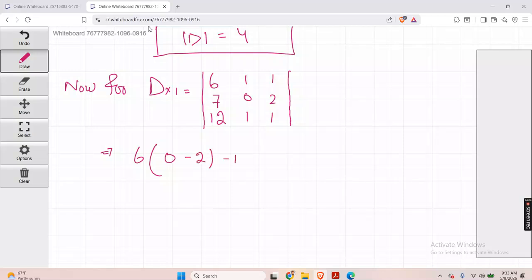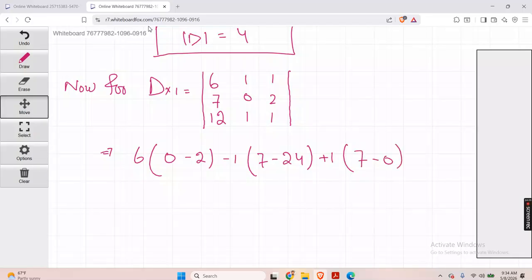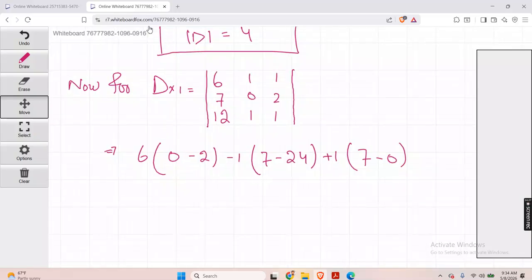Second one is -1. Second column, first row, so we have 7 into 1, 7, 12 into 2, minus 24 plus... third one is plus 1, so we have 7 into 1, 7, 0 into 12, 0. Simplify it more.